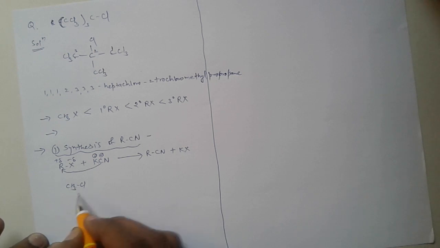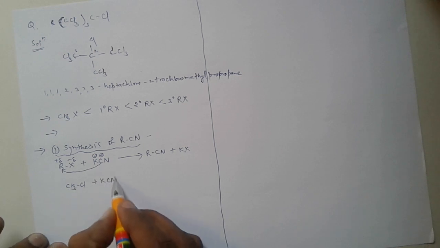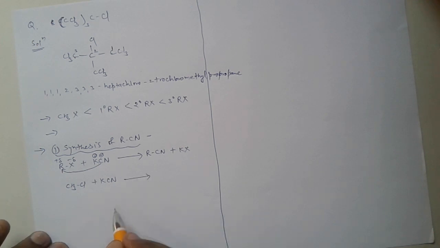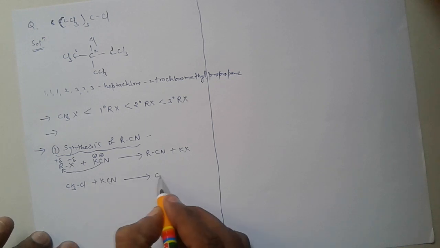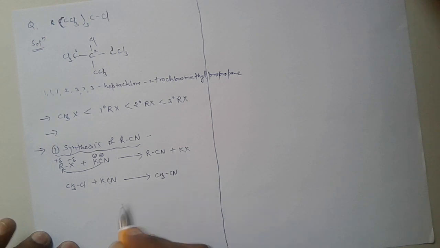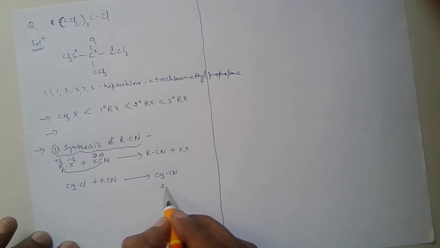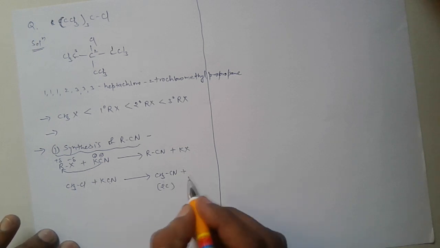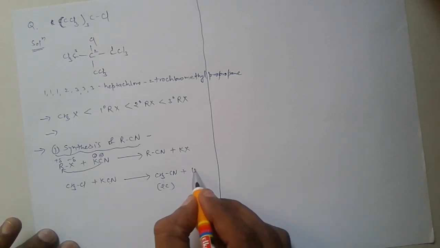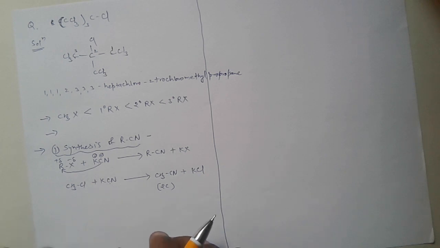It is methyl chloride and it is potassium cyanide. When methyl chloride reacts with aqueous alcoholic KCN, then methyl cyanide or ethane nitrile is formed. Here it is a two carbon compound. The byproduct is KCl.